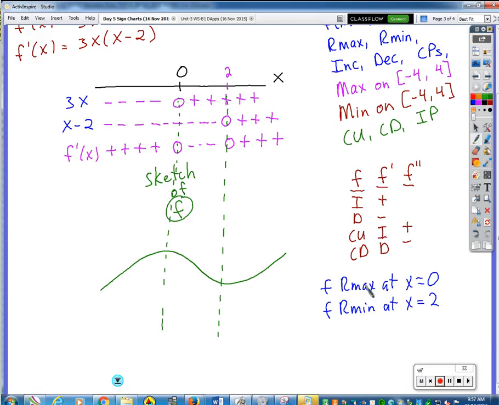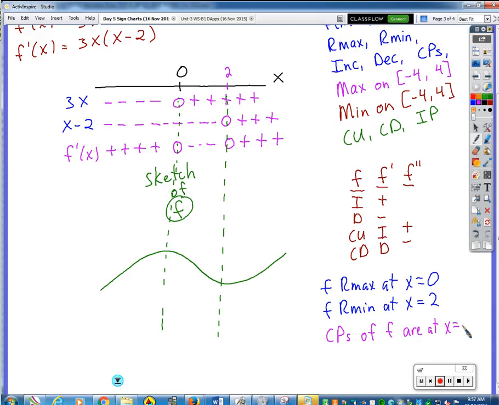Okay, we found the relative max and relative min of f. We're done with that. We've also found all the critical points of f. Please raise your hand if you know: critical points of f are at x equals what? Show me your hands. Where does f have critical points?